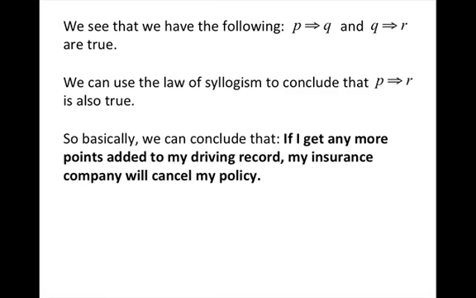So I can make the following conclusion. Since P was having points added to the driving record, and R was the insurance company canceling the policy, I can conclude that it's true. If I get more points added to my driving record, my insurance company will cancel my policy.